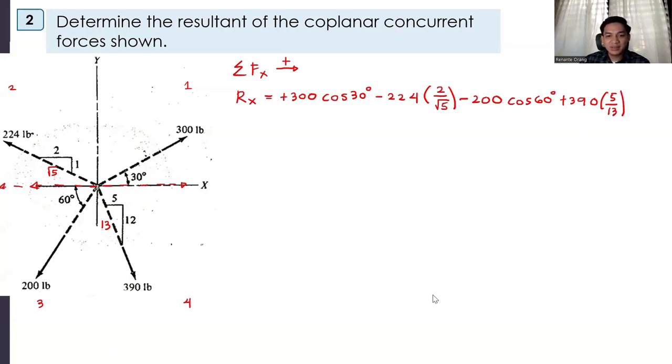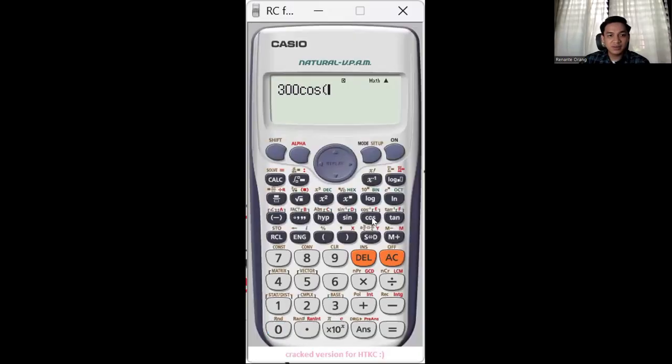Calculator natin yan lahat. We have 300 cosine of 30 minus 224 multiplied by 2 over the square root of 5 minus 200 cosine of 60 plus 390 multiplied by 5 over 13.